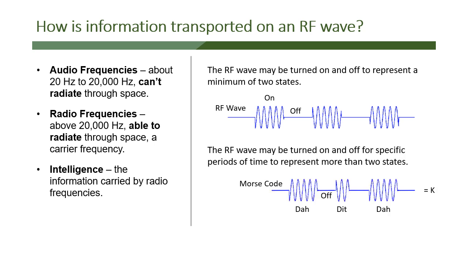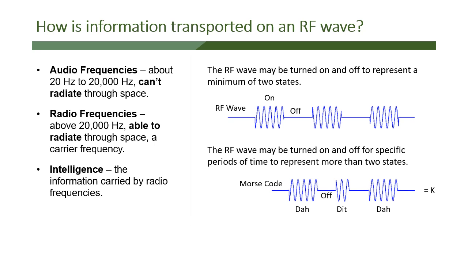Now, we can also have other modes of transport, and here we have RF being turned on and off for specific periods of time to represent more than two states. This is an example of Morse code where we have da, off, and dit, off, da, off. So you can see that we can now create not only on and off, but also states where there's a specific time that it's on, a specific time that it's off, and a specific time that it's back on again, different intervals that can carry additional intelligence.